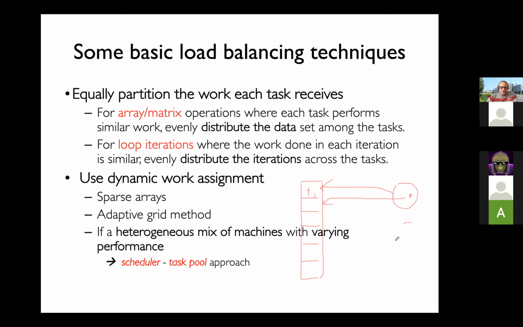If we have a slow machine here, which is not able to process as fast as the previous machine, it will do less work, but this one will do most of the other work. It's not going to be waiting for this task to finish, but it can just grab another task to do, and another, etc., until all the tasks are finished. And if this one is very slow, it will have done only one.